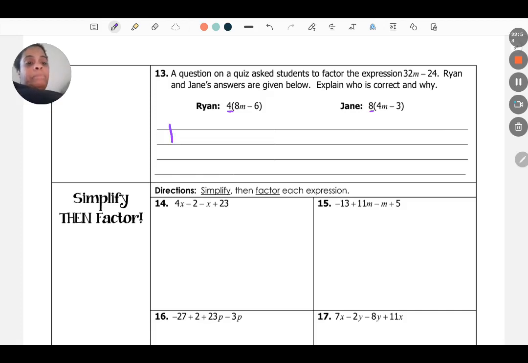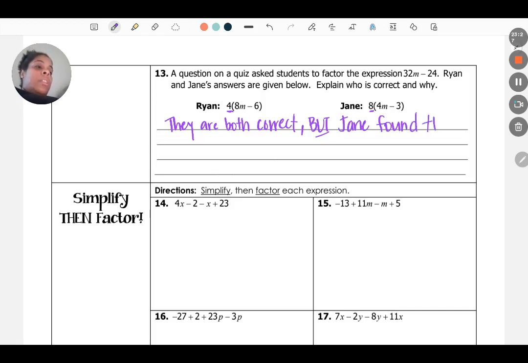So Jane, well, they both are correct, but Jane found the greatest common factor for the expression to get to the simplest form.